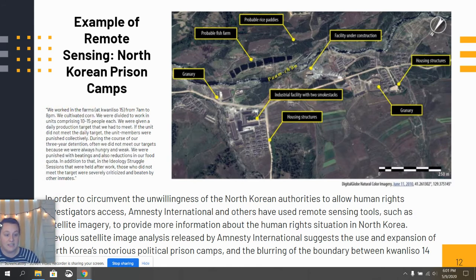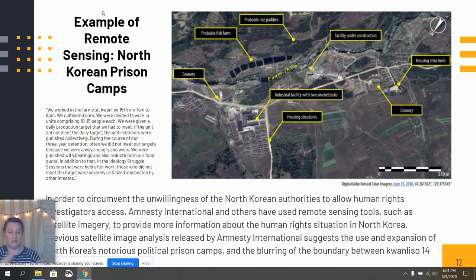Okay, so this is an example of remote sensing that was used by Amnesty International to monitor North Korean prison camps. I hope you have the background knowledge to know that North Korea is one of the most oppressive places in the world, if not the most. North Korean authorities are not allowing human rights investigators to access their country, right?